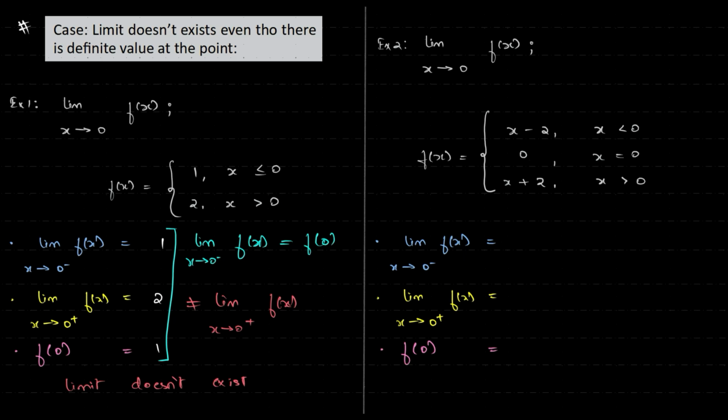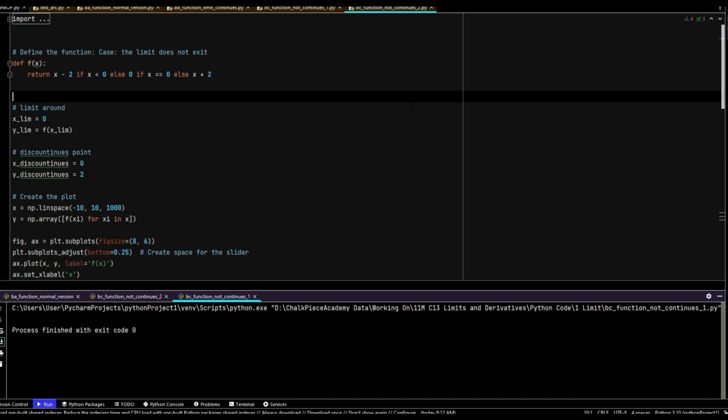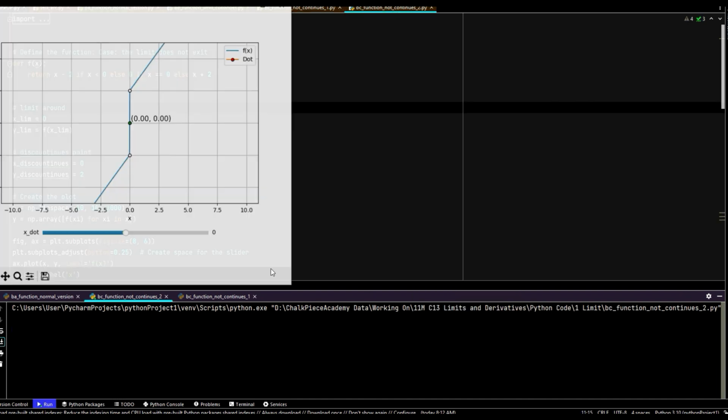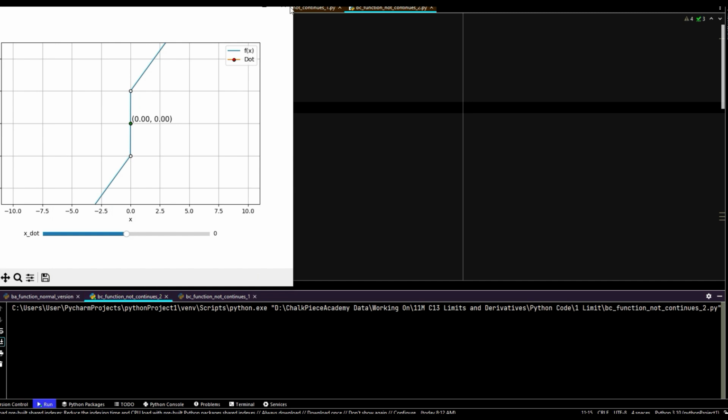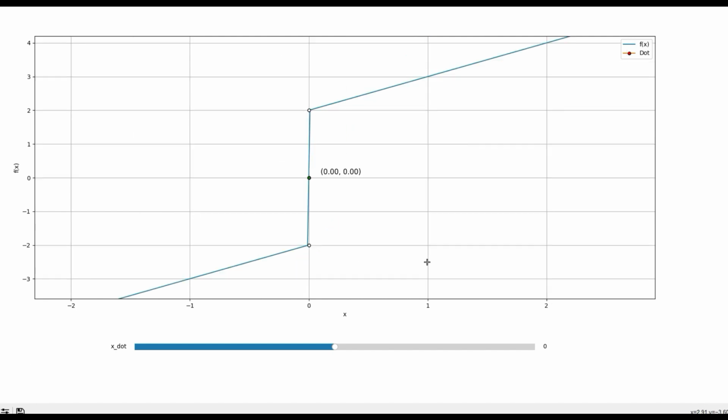Okay guys, last example. Let me resize this and let me zoom in. As we approach from the left hand side, we have it to be minus 2.1.